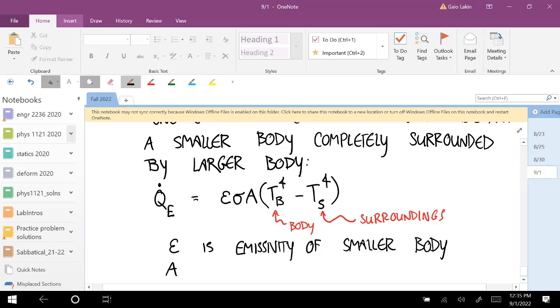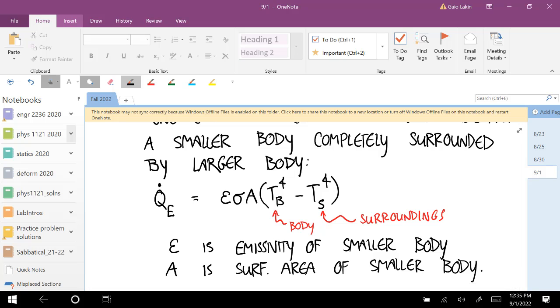And A is the surface area of the smaller body. I don't have an example to do with that one, but I know later on we are going to do examples with the differential first law, so we'll get to it then.